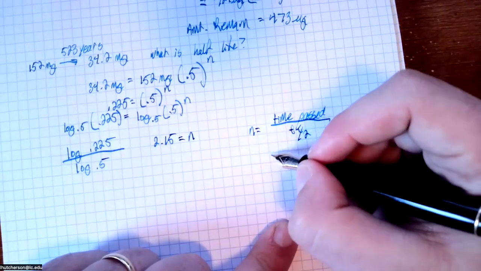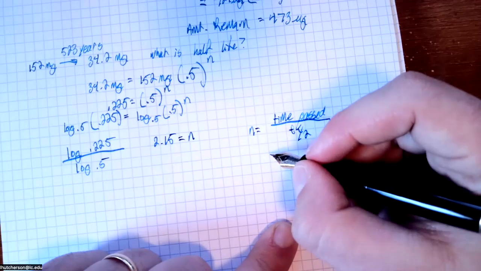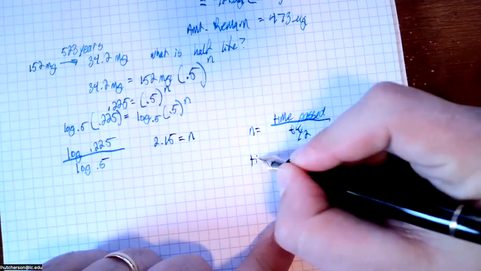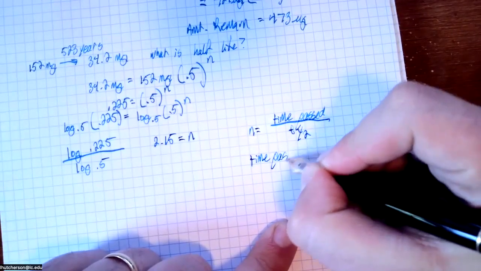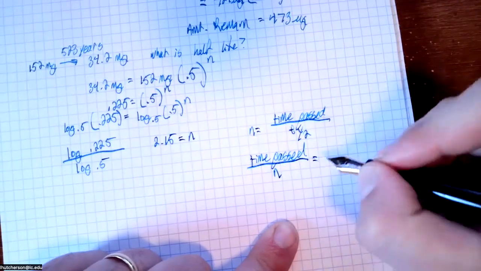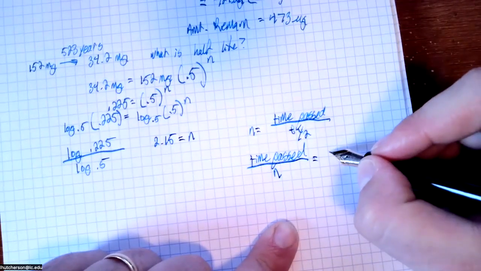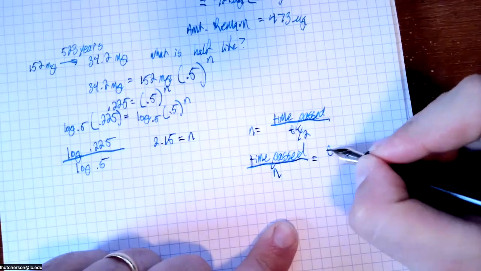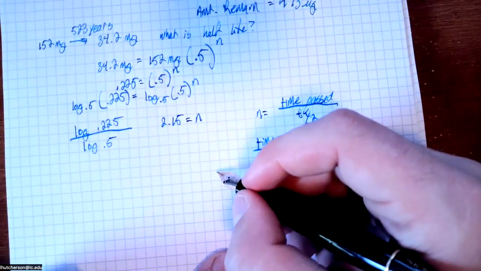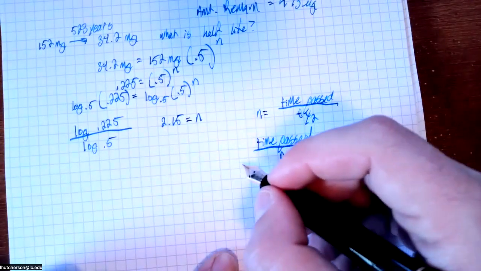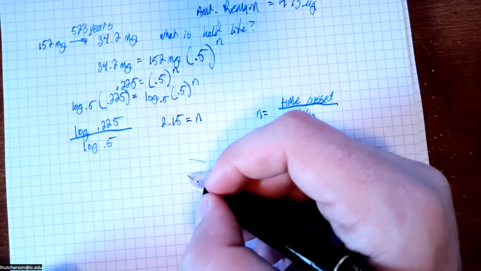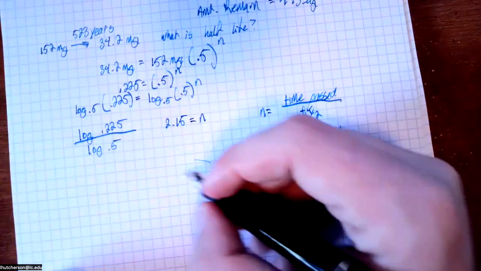So if we rearrange this, we get that time passed, which we have, divided by n, which we just calculated, is equal to T1/2.